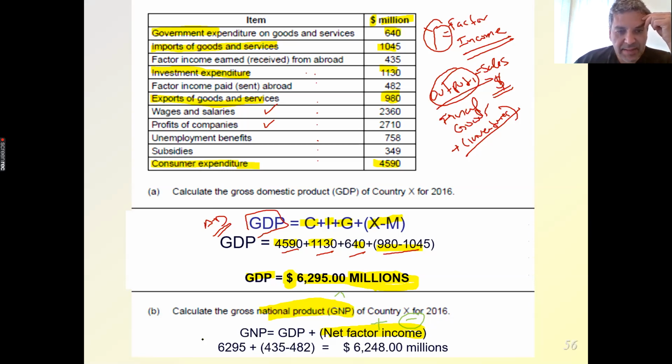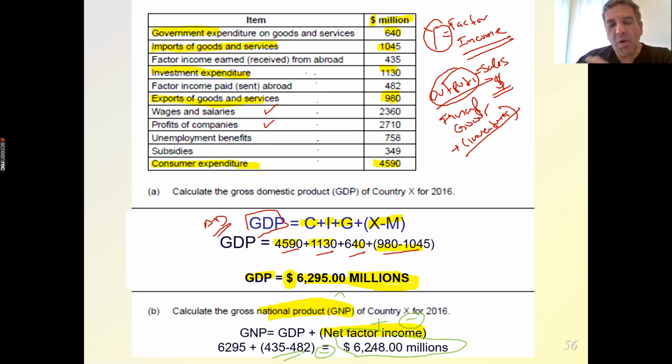So now in this particular case, the net factor income is what, smaller? Yeah, it's actually more negative. If we take the GDP and we add this net value, then we have our GNP, which will be this amount that we have here.